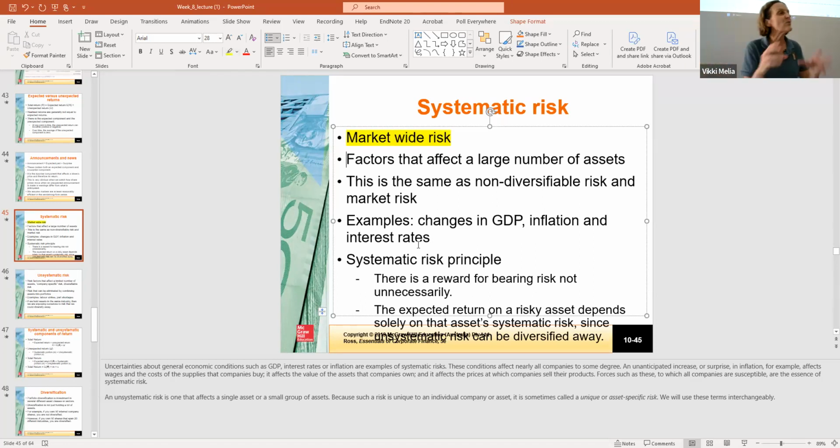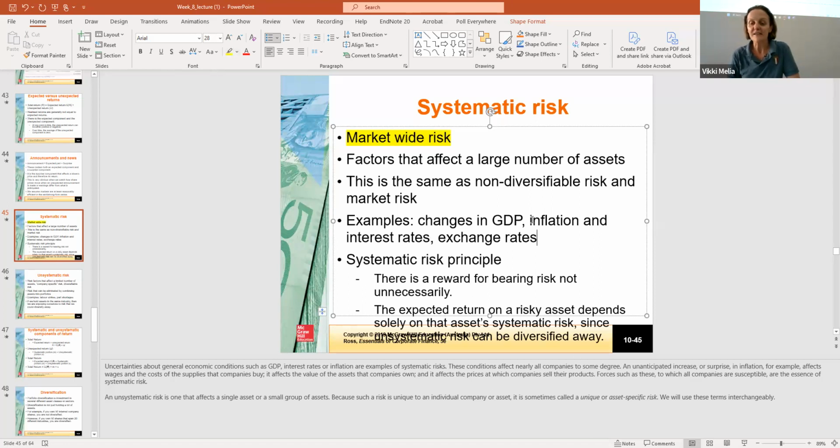We're talking about risk factors that will affect most companies. So most companies' share prices are likely to be affected by these market-wide factors. Things like inflation, changes in interest rates, and exchange rates.